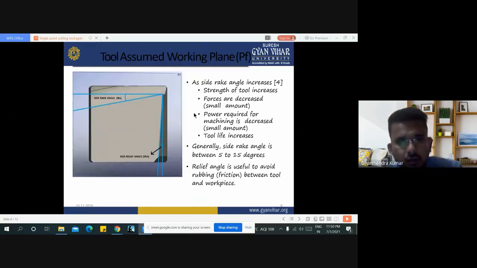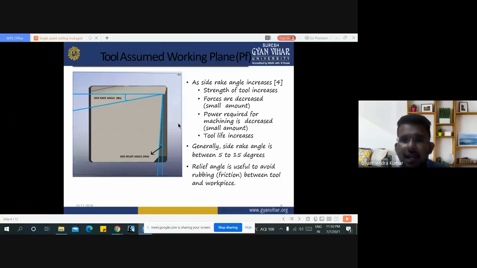This is the representation of the side rake angle and the side relief angle. As the side rake angle increases, the strength of the tool increases. Here some amount of forces are decreased, and the power required for machining is decreased during the operation by the side rake angle.